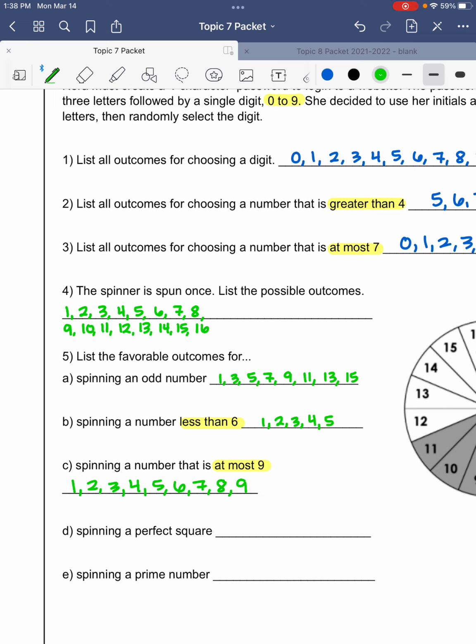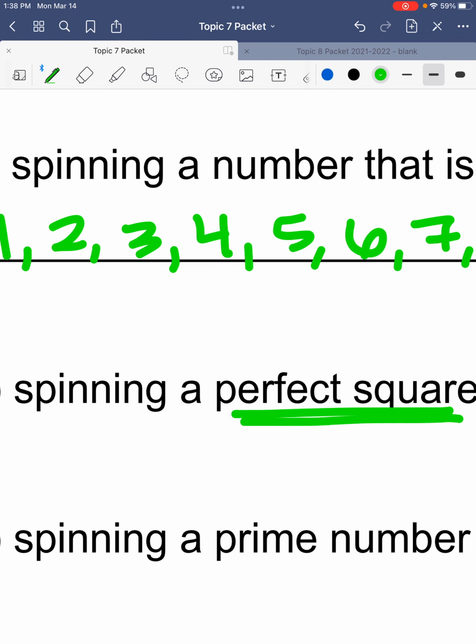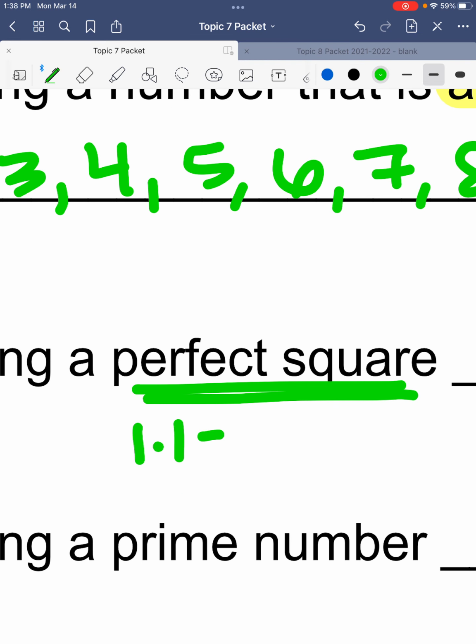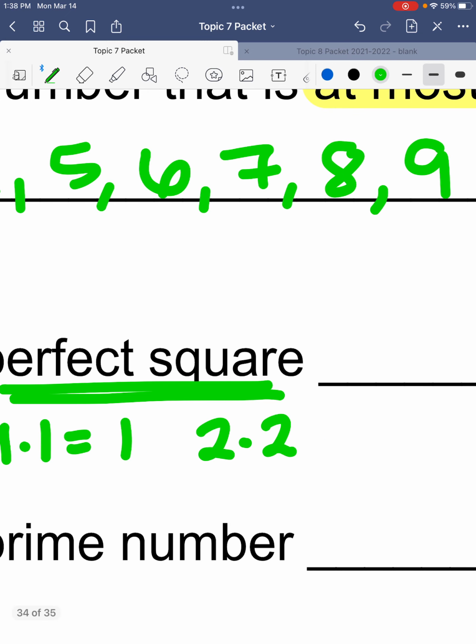Okay, now for D, spinning a perfect square. We talked about perfect squares in our notes in class today, but the way I find a perfect square is I multiply the same number together. So for example, 1 times 1 equals 1. That means that 1 is a perfect square. 2 times 2 equals 4.